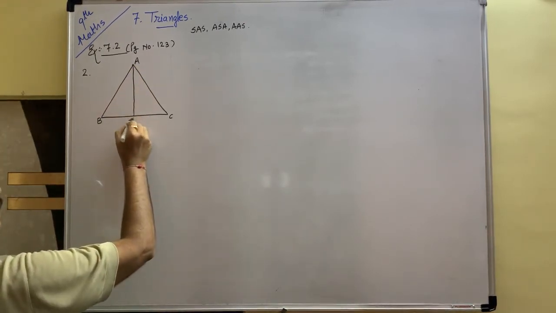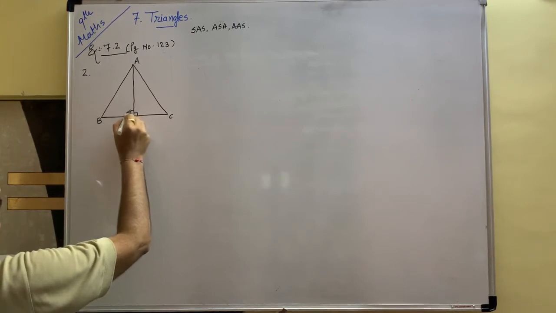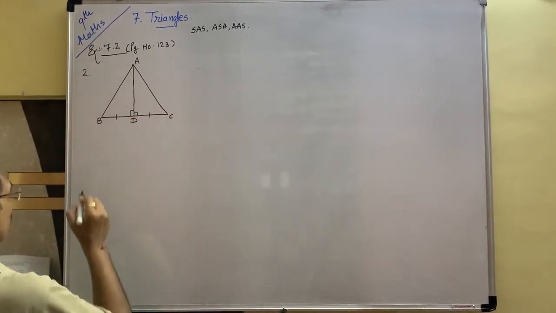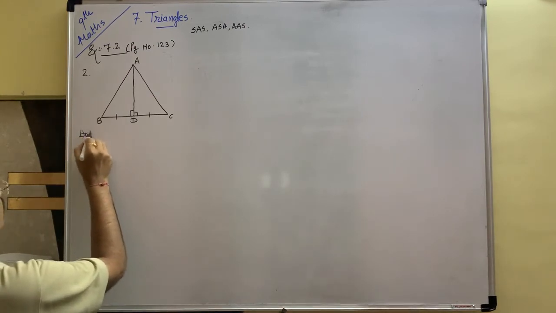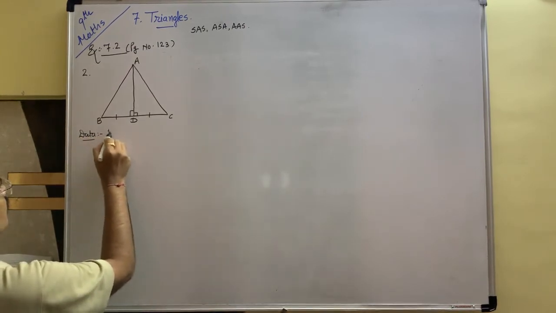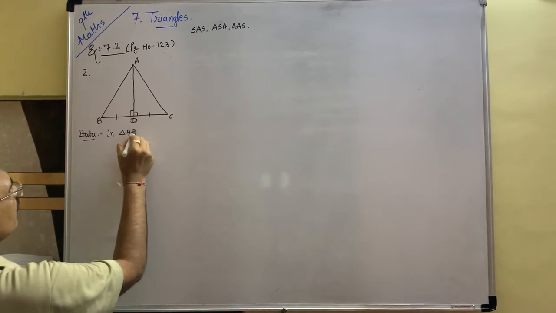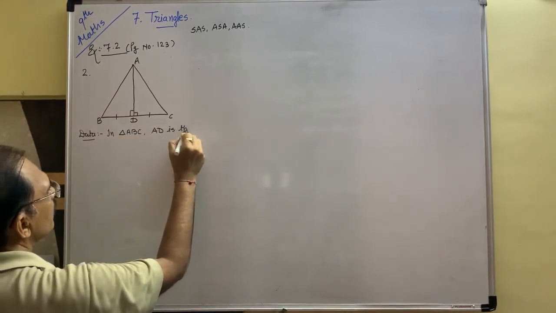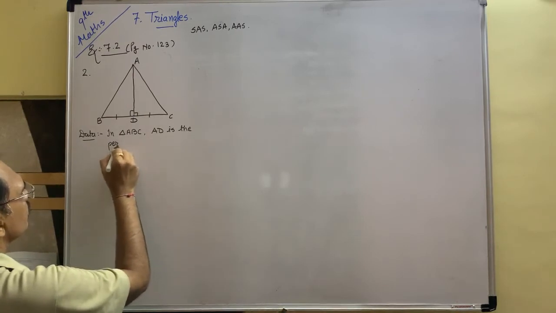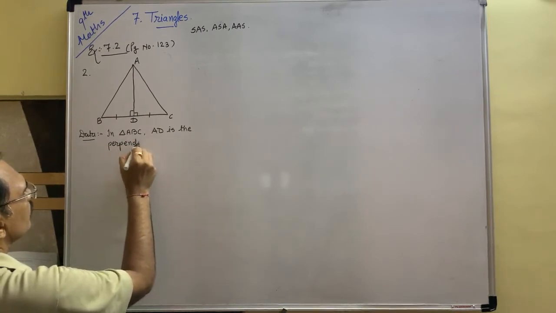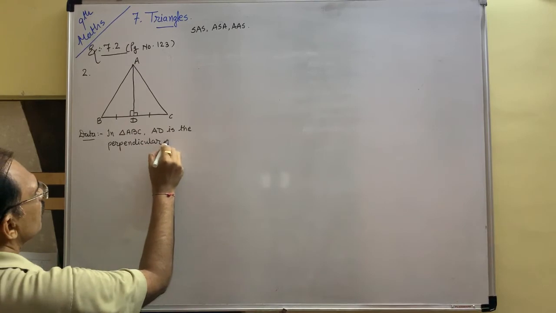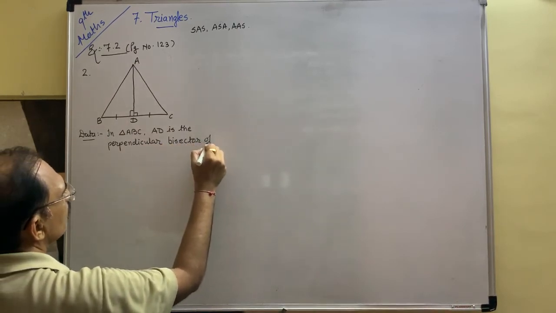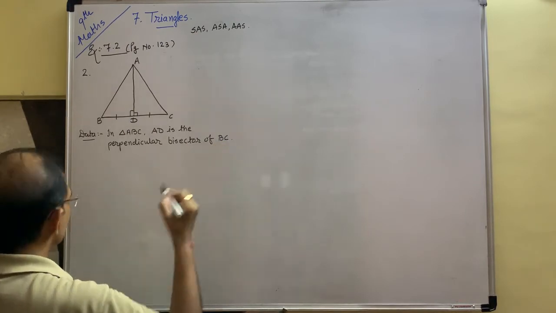AD is perpendicular and also a bisector, so this and this are same. Show that. What is the data? In triangle ABC, AD is the perpendicular bisector of BC.